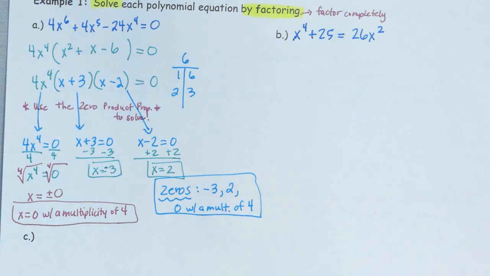Remember, we wrote down what our first step is, right? What's the first thing we want to do? That's after you do this part. Yeah, move everything to one side so it's equal to 0.